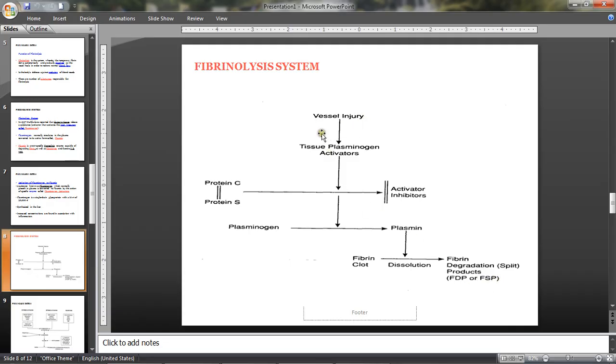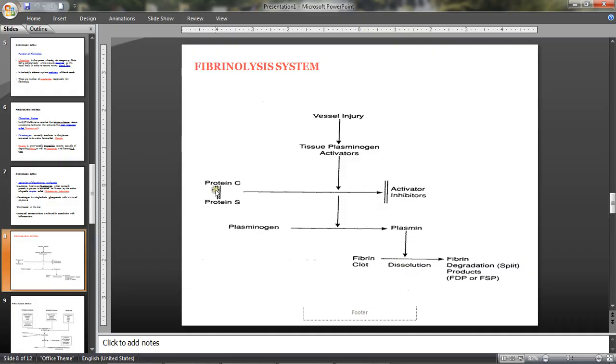So summarily, the vessel injury releases plasminogen activators. Plasminogen activators are basically acting on the plasminogen to convert into plasmin. Plasmin subsequently causes the dissolution of the clot.